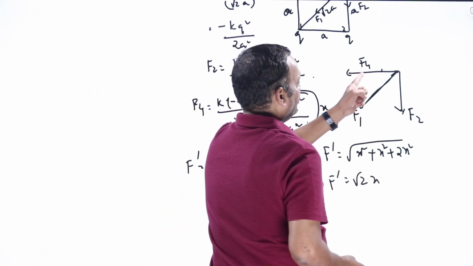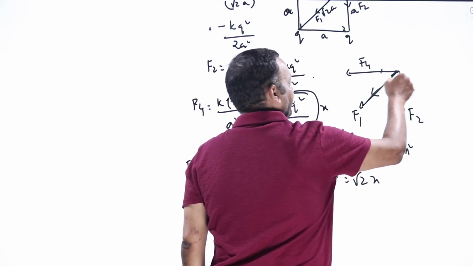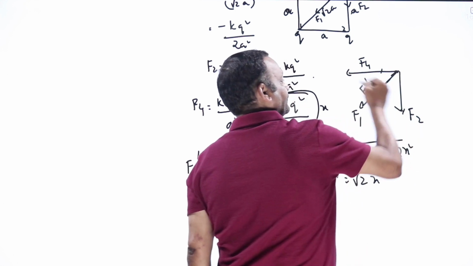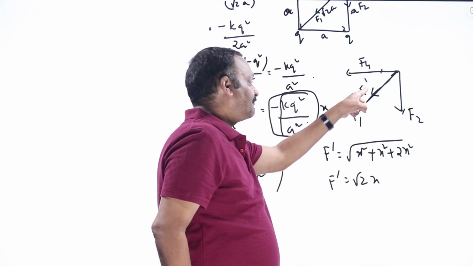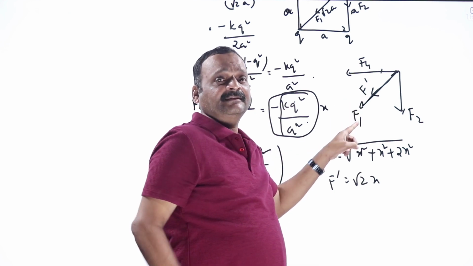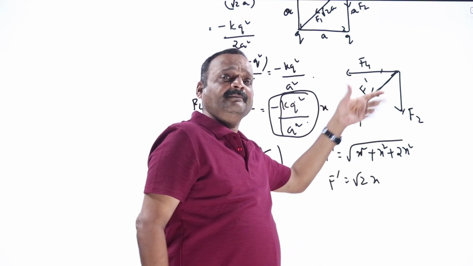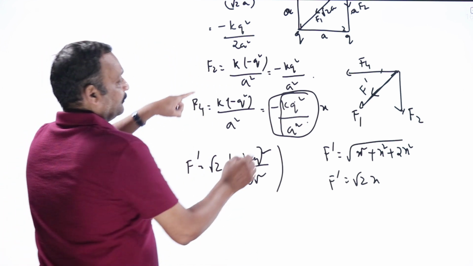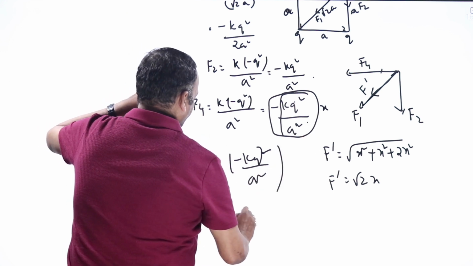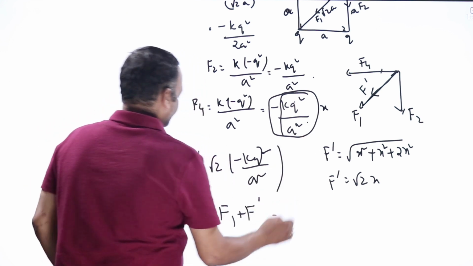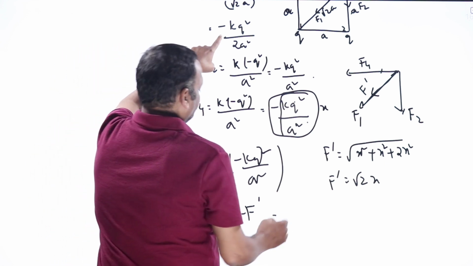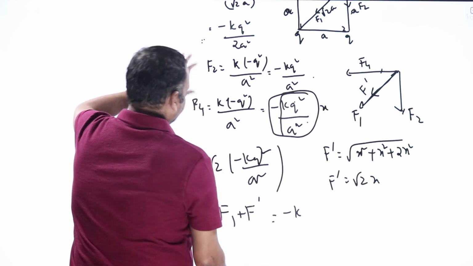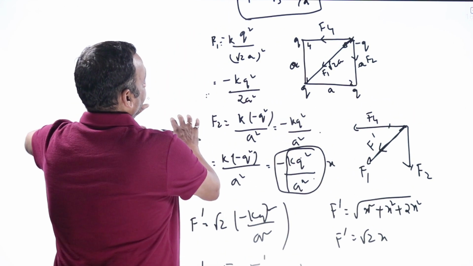The resultant of two equal forces always bisects the angle between the two vectors. This means F dash will be in this direction like this. Now this F dash and F1 are both in the same direction. Simply add them. The direction is the same, so add the magnitudes. So the resultant force F equals F1 plus F dash.